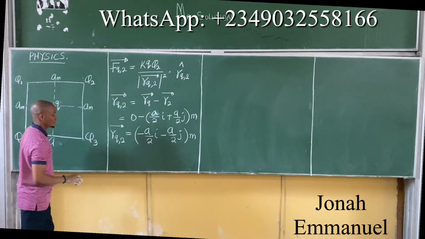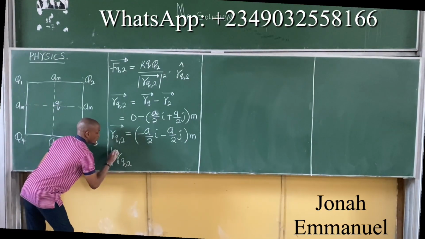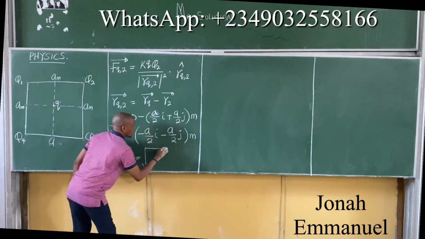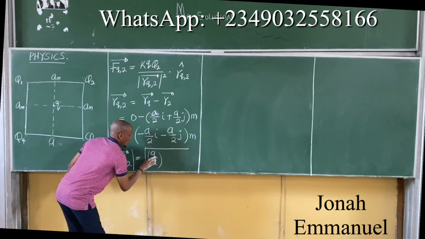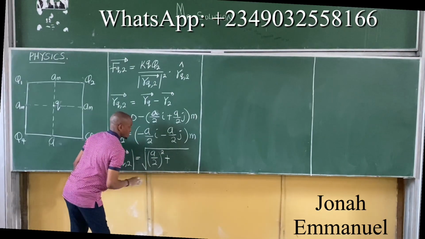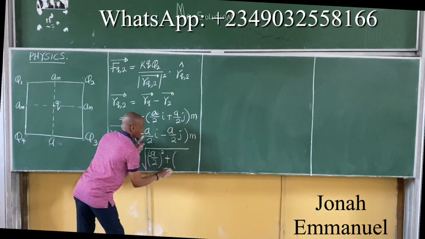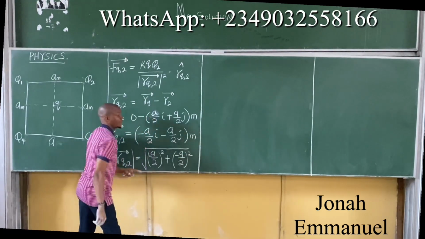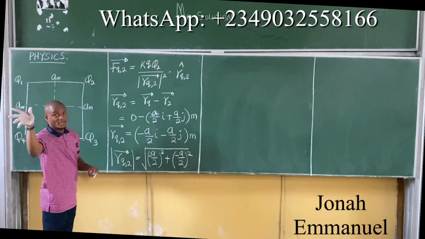Next up, get magnitude. The magnitude of rq2 is equal to the square root of this squared, a over 2 all squared, plus minus a over 2 squared. This one here will give you the same answer as the other one there, of course.